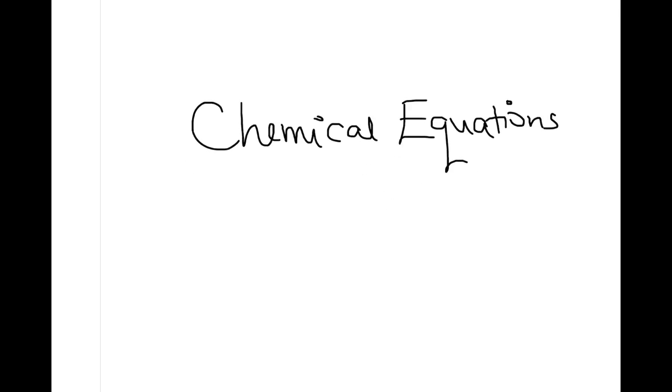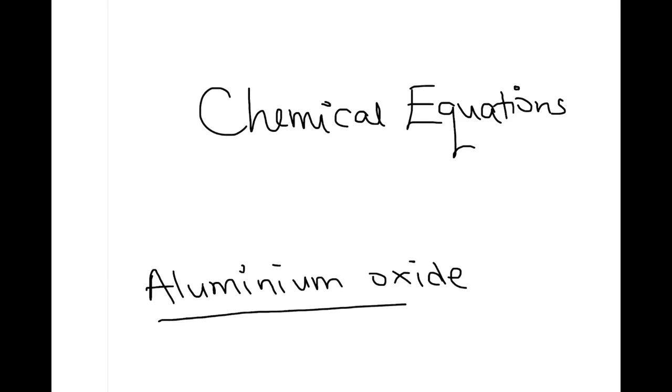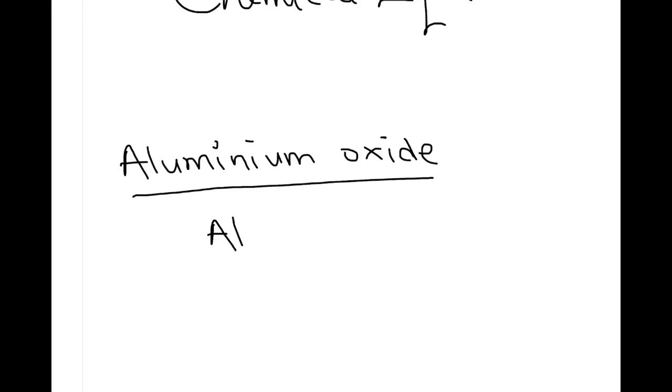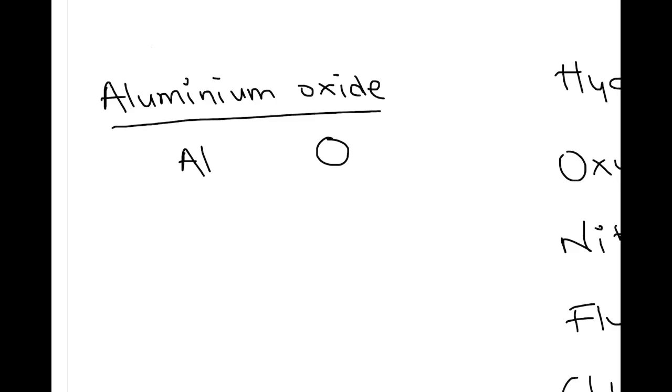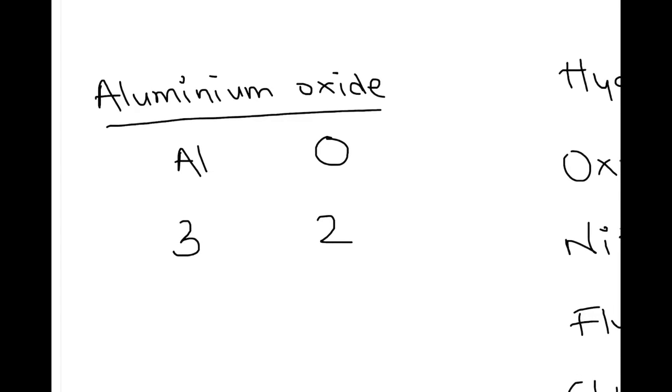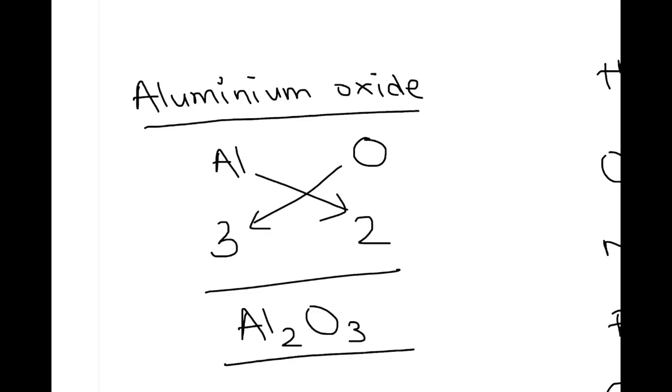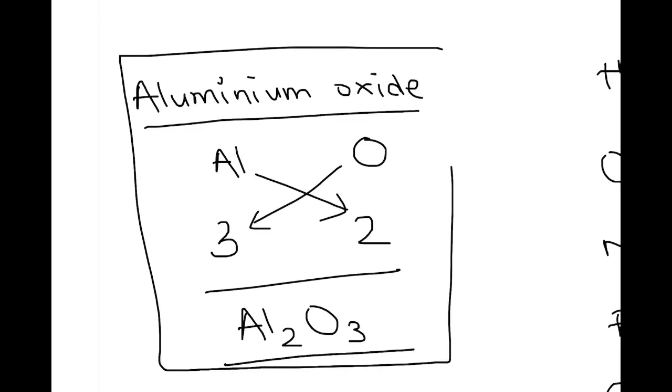So if you still remember, if we have a compound like aluminum oxide, from the periodic table and from the group number we can get the valency, and when we cross multiply that you can get the formula of this compound. So this is for aluminum oxide. This is the name and this is the chemical formula.